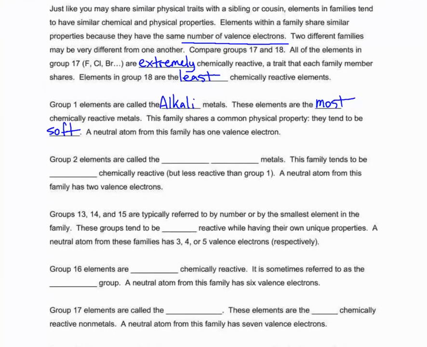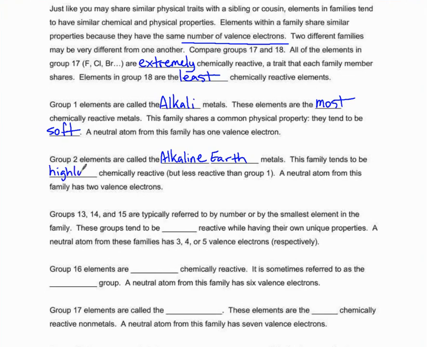Then we have group 2. Group 2 elements are called the alkaline earth metals. It's a similar term, so be careful not to get the two confused. This is group 2. This family tends to be pretty chemically reactive.